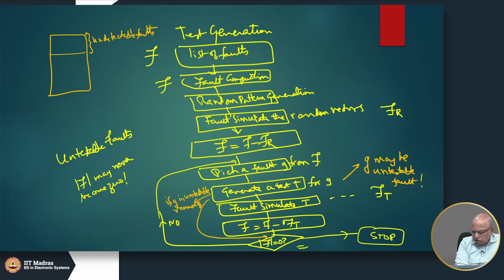Then, as I explained to you earlier, in the process of generating the test T for G, if it is going to use backtracking, okay, then it may take a lot of time. It tries so many combinations, none of them is working out, keeps on trying, keeps on trying.